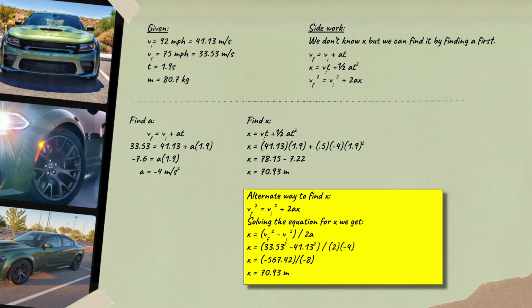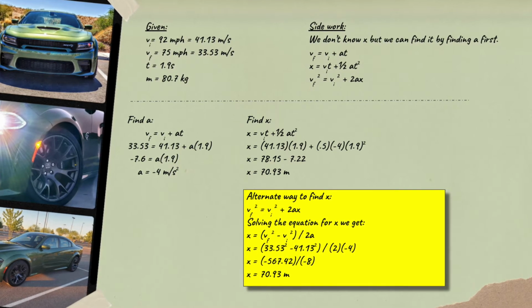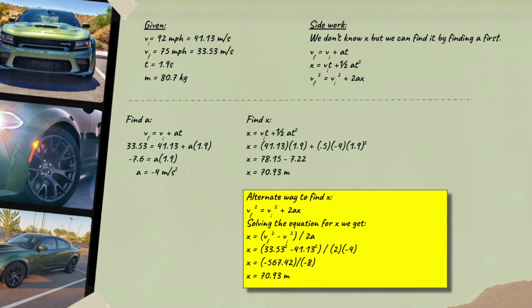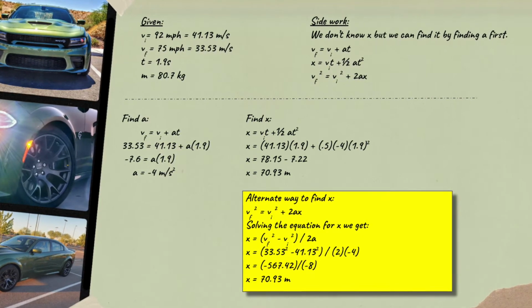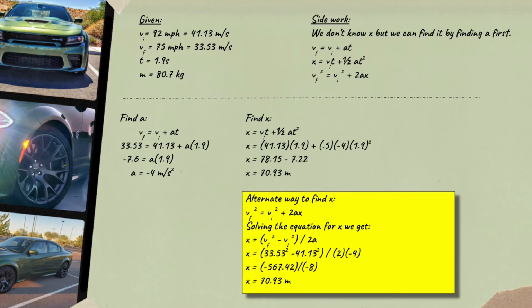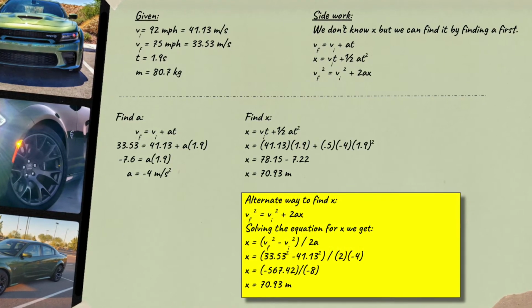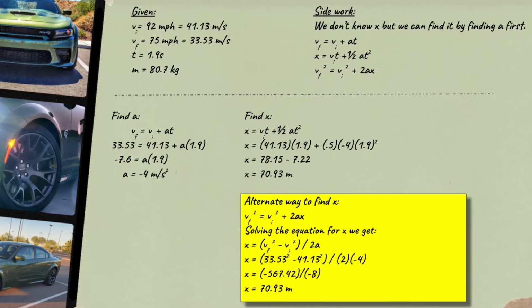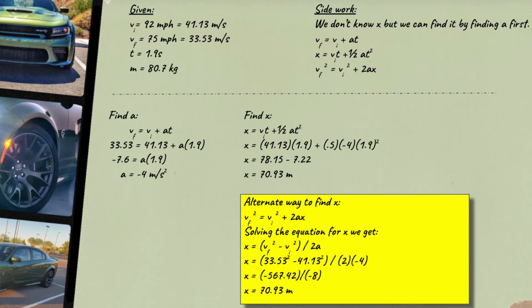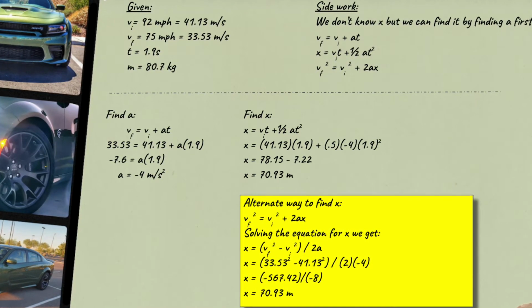We could very well have used the other equation as well to solve for X. So that would have been V final squared equals V initial squared plus 2A delta X, the change in displacement, or we can just say 2AX. Solving the equation for X and including our variables, that also gives us 70.93 meters.